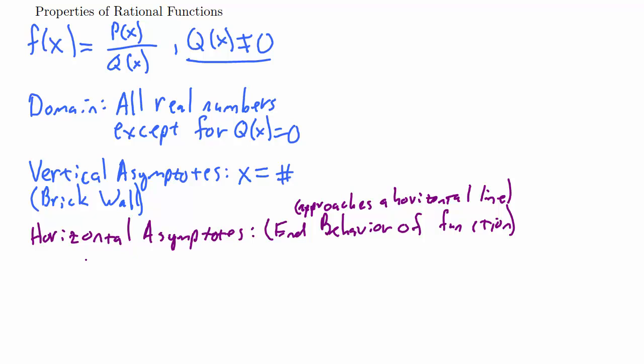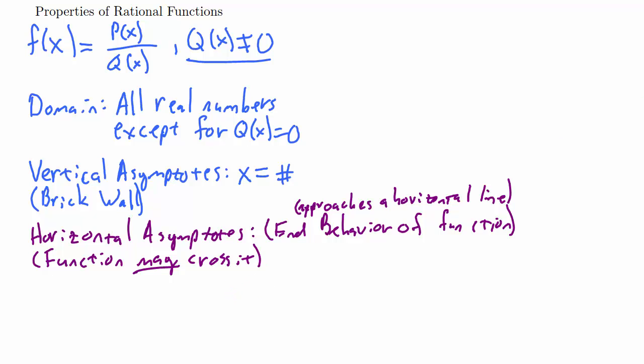Okay. One thing to keep in mind about horizontal asymptotes is the function can cross the horizontal asymptote. That doesn't mean that it will, it just means that it might.